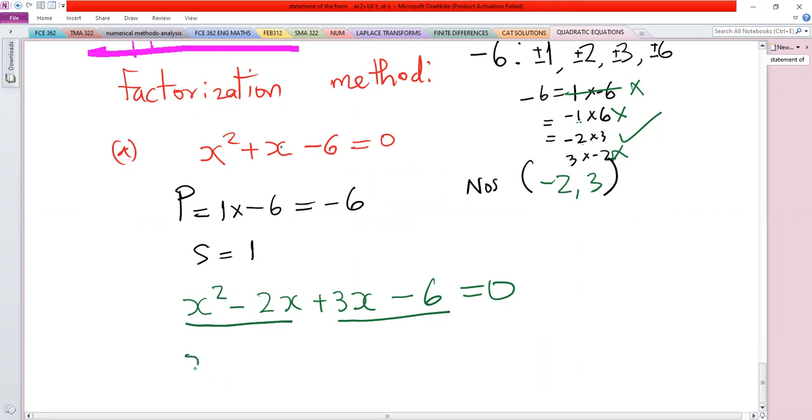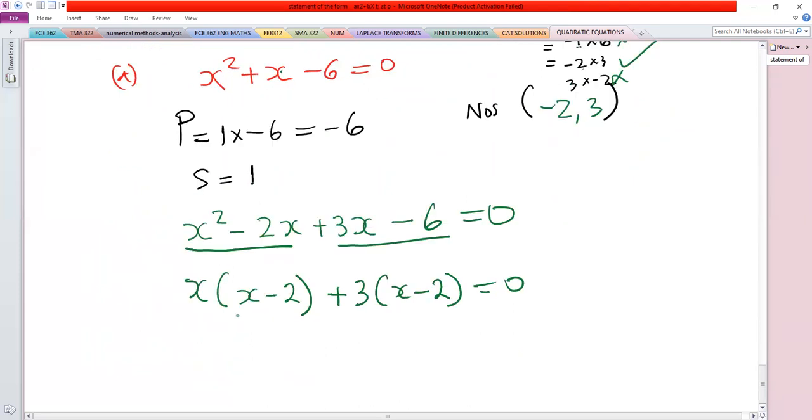So common here is x into x minus 2, plus common here is 3 into x minus 2, equals 0. Whenever you do this factorization, always these two brackets will have the same values and even the signs. So then take x joined to positive 3, and then take one of the brackets, x minus 2, equals 0.